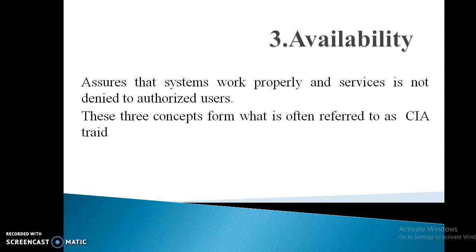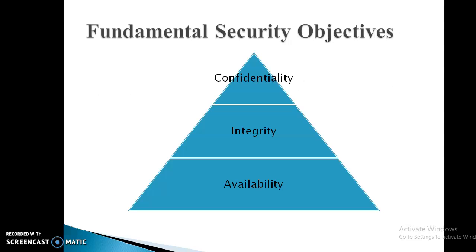These three concepts form what is often referred to as the CIA triad. C means confidentiality, I means integrity, and A means availability. If all of these are in your system, then you can say that your data and information, hardware and software are kept in a secured manner.